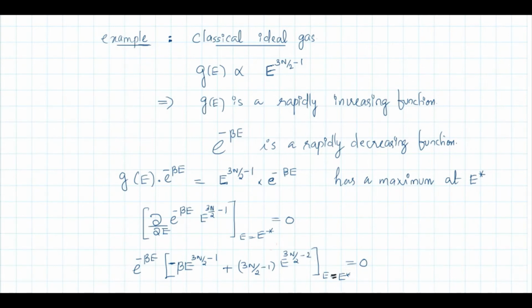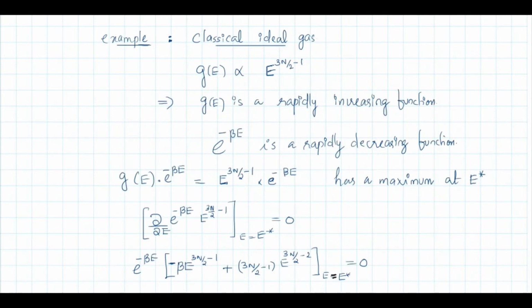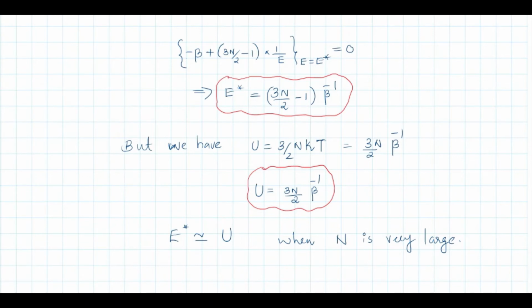This quantity evaluated at E equal to E star is 0. You can take E raised to 3n by 2 minus 1 outside. Then the first term only contains minus beta, plus the second term contains 3n by 2 minus 1 divided by E. So that is minus beta plus 3n by 2 minus 1 into 1 by E, evaluated at E equal to E star, is 0.